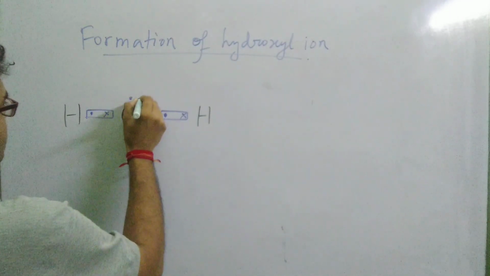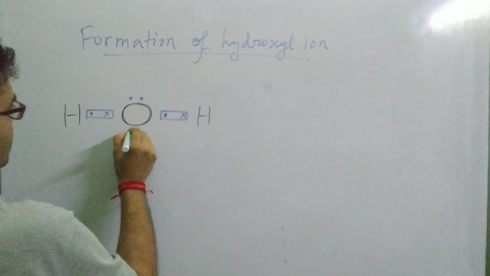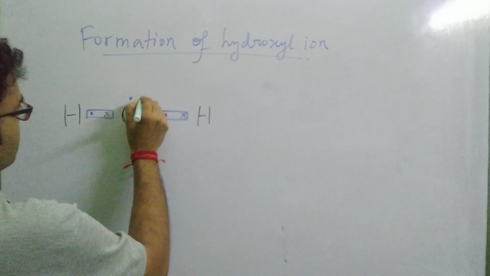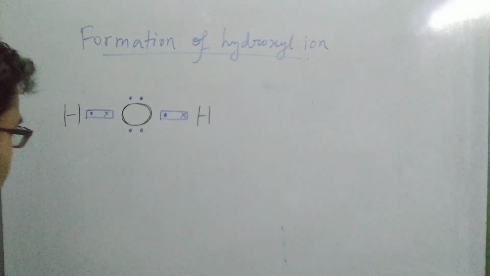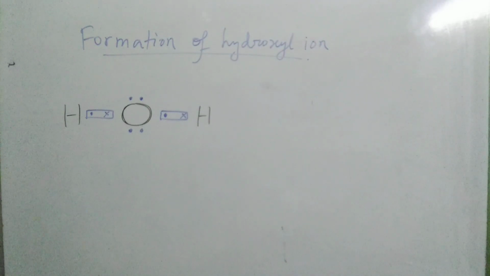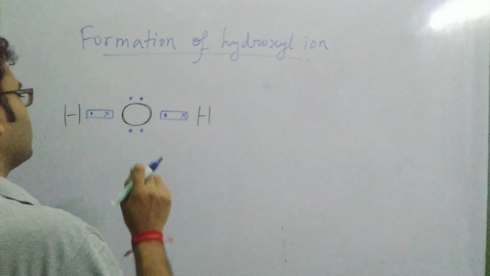The oxygen has the remaining two lone pairs of electrons, that is, 4 electrons in its outer shell. Why are the 4 electrons called lone pairs? Because they do not participate in the bond.